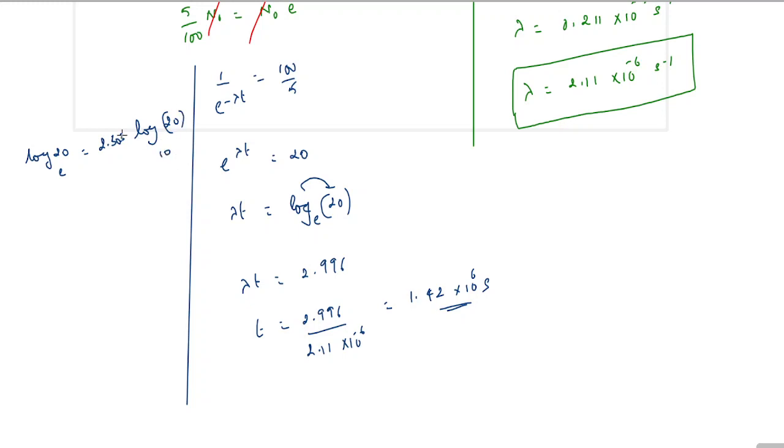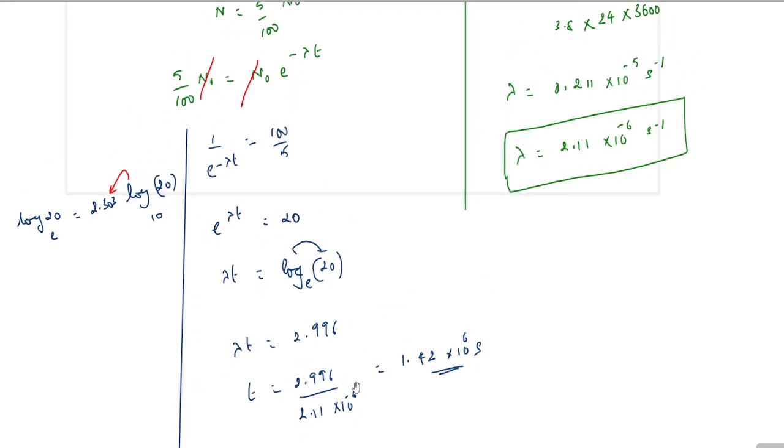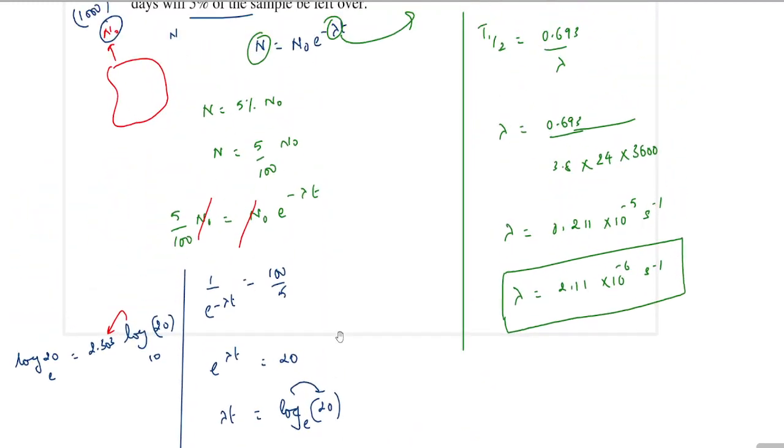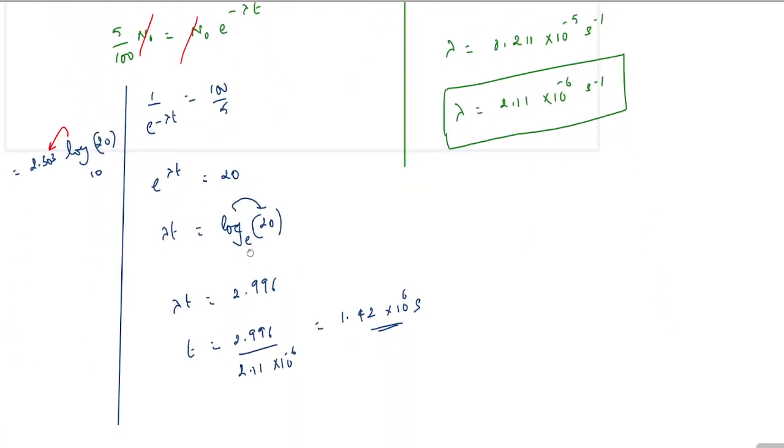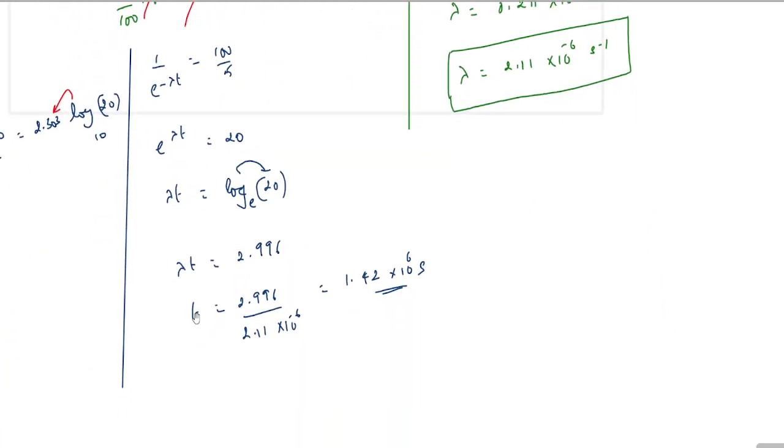So you find log 20 to the base 10 in the table and then multiply by 2.303. It is not complete here. The answer is done, the last step is pending, which is to find in terms of days, because the question says calculate after how many days. So this I leave as an exercise, just convert this time in terms of days. That's the answer. So the entire series is completed.